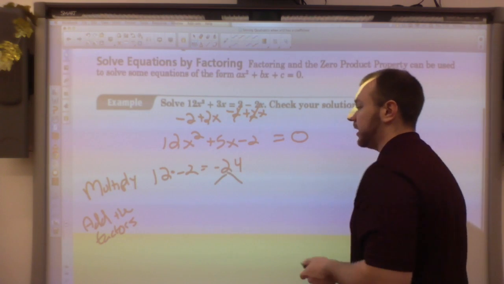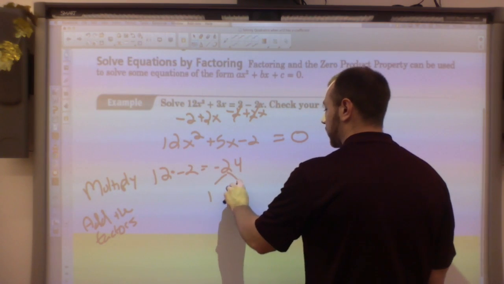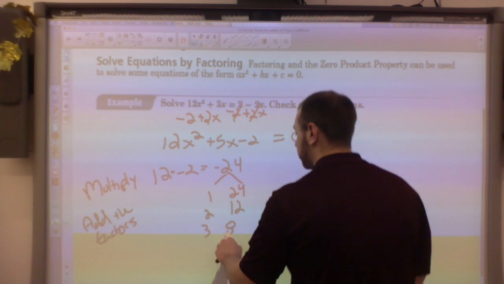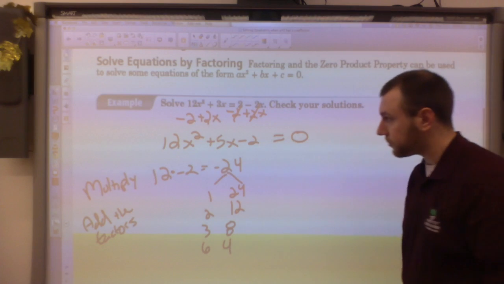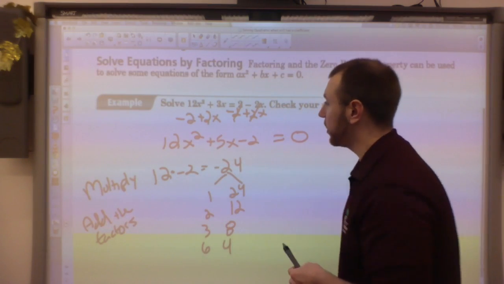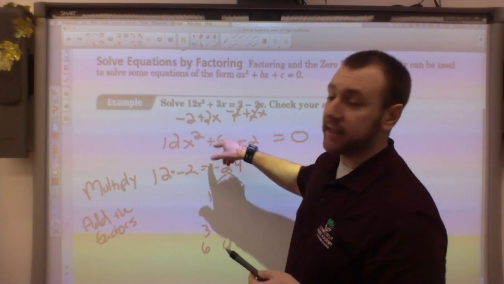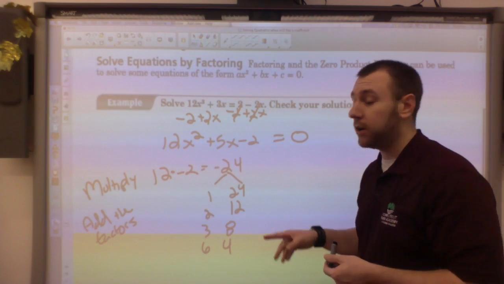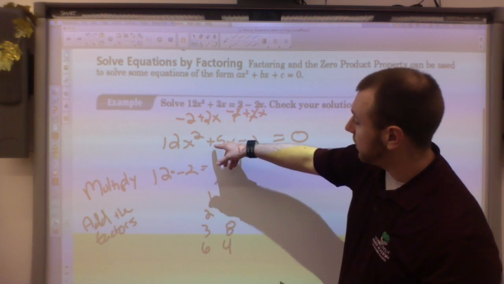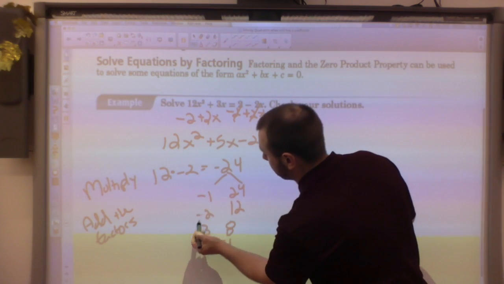Well, how do I get 24? 1 and 24, 2 and 12, 3 and 8, 6 and 4. I am looking for a -24 that adds to a +5. So, to have one of these negative and get a +5 here, the smaller number needs to be negative.